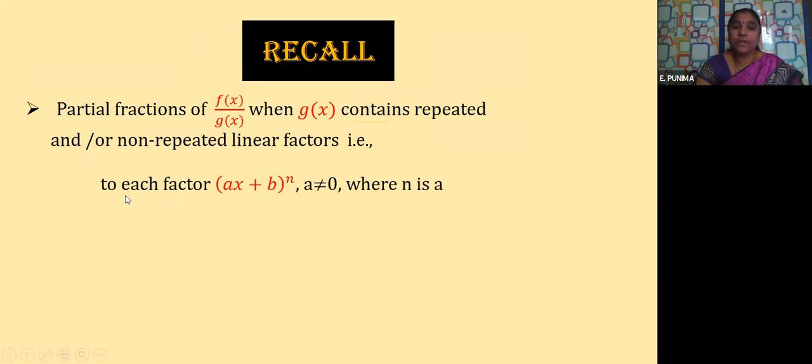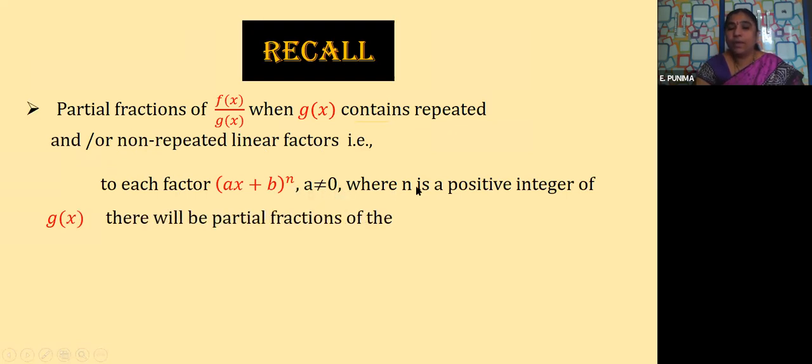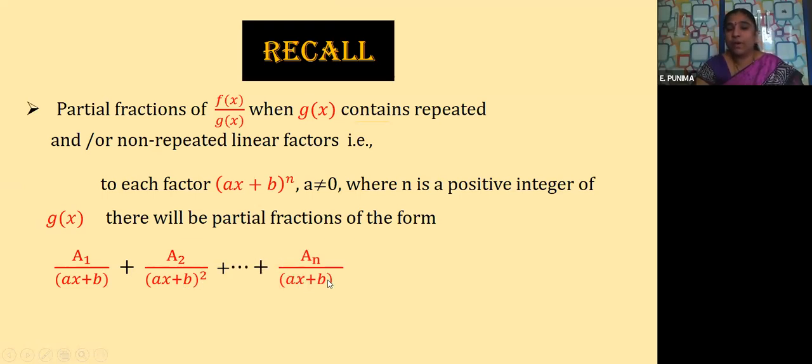Then for each factor ax plus b whole to the power of n, where a is not equal to 0 and n is a positive integer, in g of x, there will be a partial fraction of the form a1 by ax plus b plus a2 by ax plus b whole square plus so on, an by ax plus b whole to the power of n, where a1, a2, a3 so on an are the constants which are to be determined.